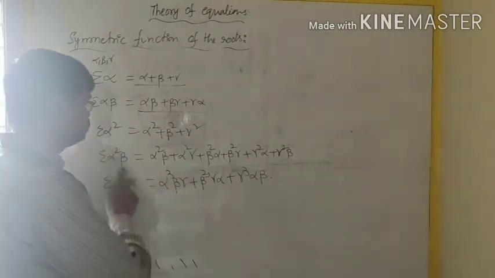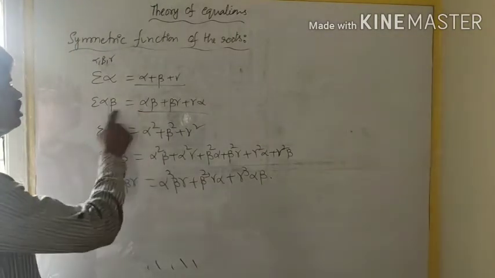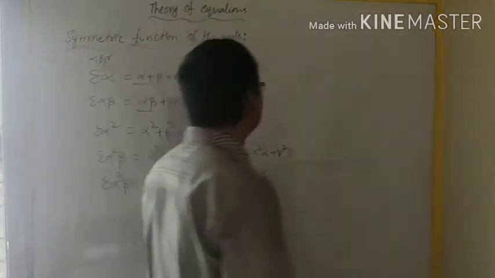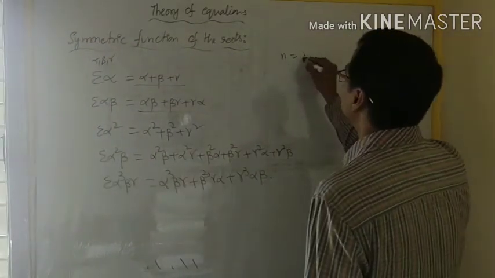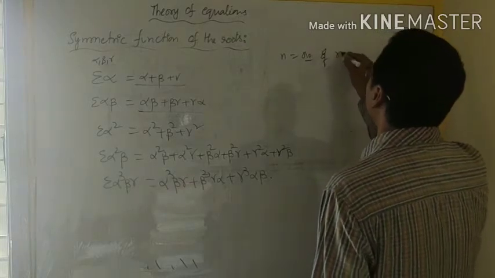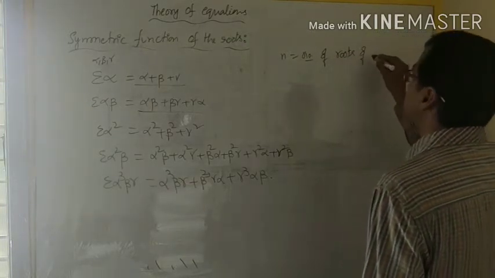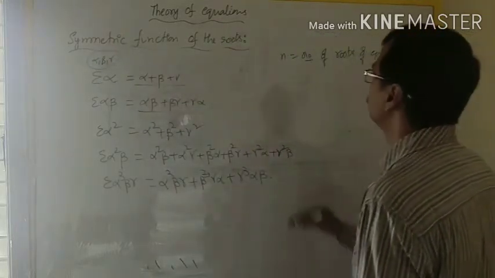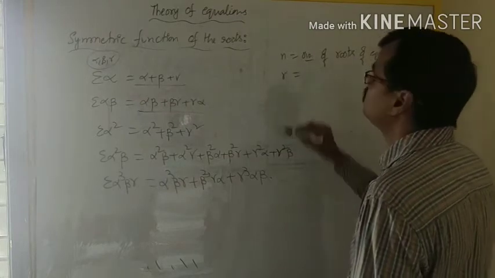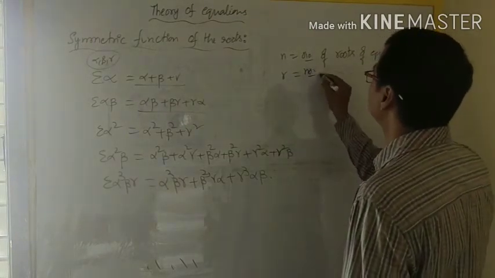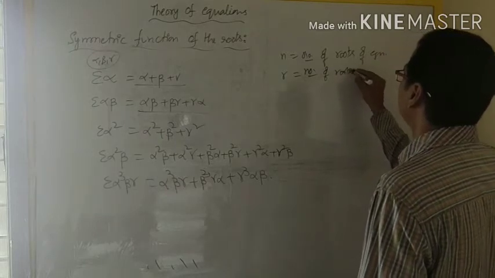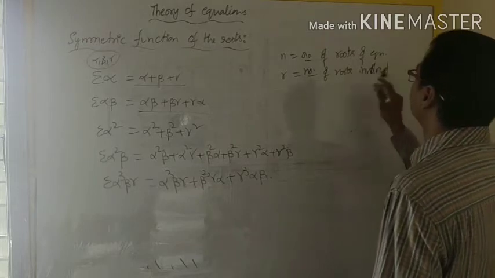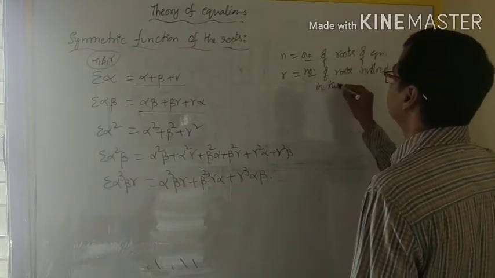So here we got 3 terms, here we got 6 terms, here 3 terms, here 3 terms. How to check? See, simple. If n is the number of roots of the given equation, as here alpha, beta, gamma, 3 roots are given and value is 3, and let r be the number of roots involved in the symmetric function.